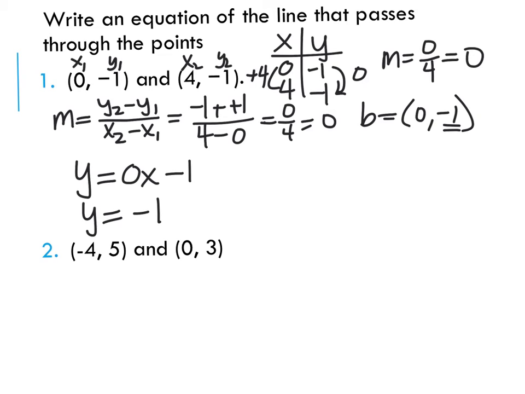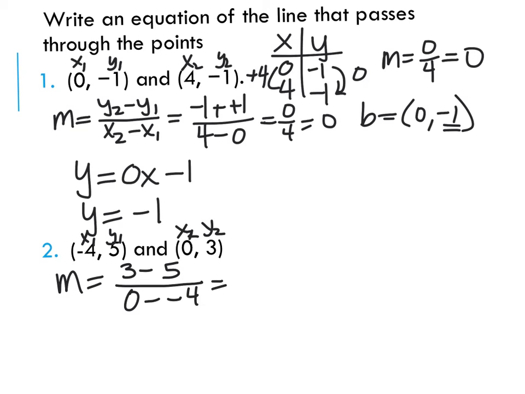Let's try another one. On this one, I think I will just do the slope formula. But if you like the table, go ahead and do that while I'm doing the slope formula. So I'm going to go 3 minus 5, and then 0 minus -4.